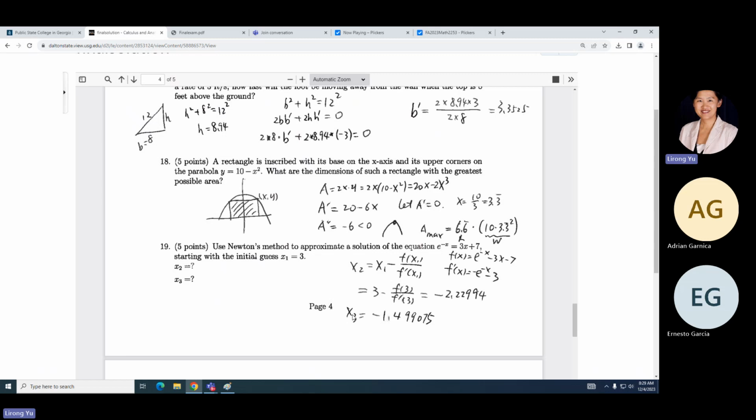Any questions? Yeah, that's a mistake. I'll submit a correction to this. Any other solutions? But I should double check that word. Any other questions?